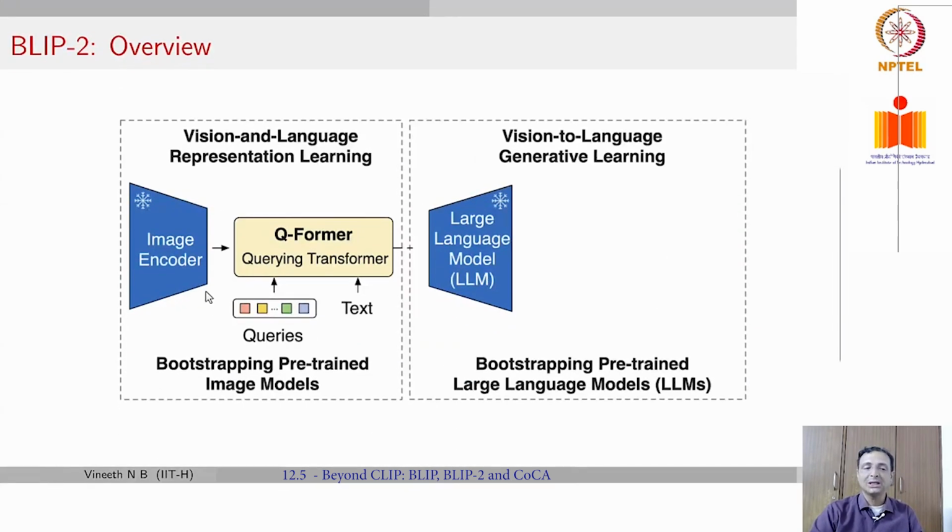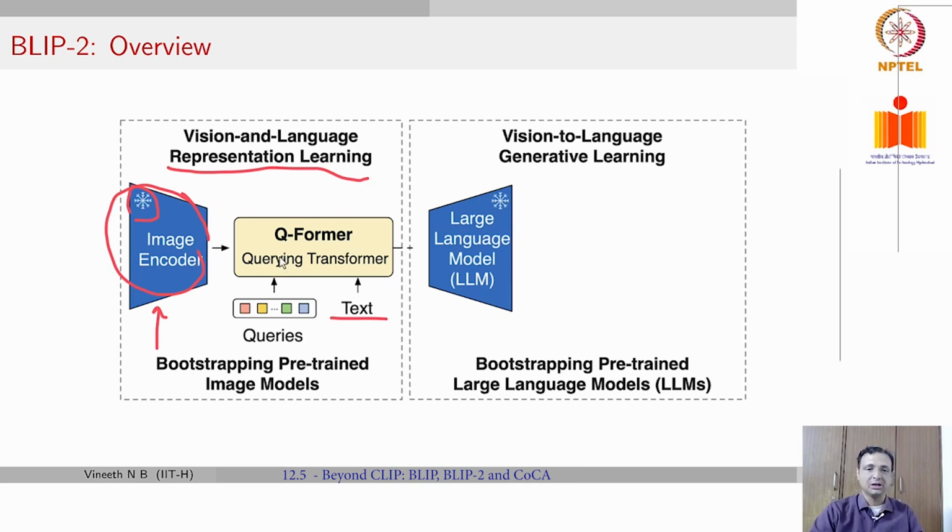Just to show you how this works, the vision language representation learning module, given an image and the text, gives the image to a frozen image encoder. This icon here denotes that that module is frozen. Now the output of the image encoder is given to a Q-former.